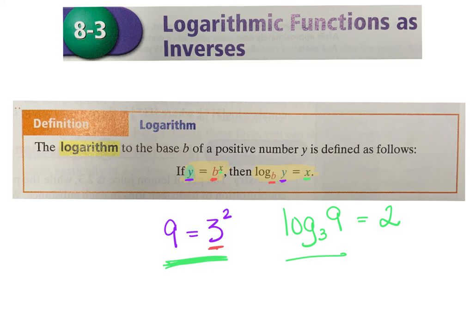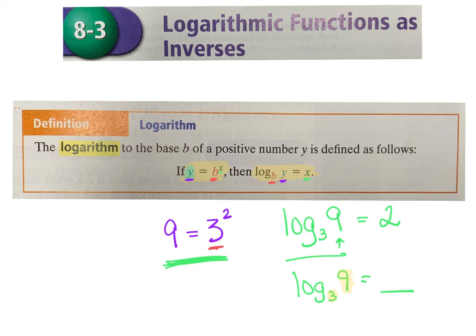So what am I asking when I look at a logarithmic function? I am asking this particular base has to be taken to what power to get this number? That's what a logarithm is asking. So if I just gave you this question like this, you would say, what power do I have to take 3 to get 9?